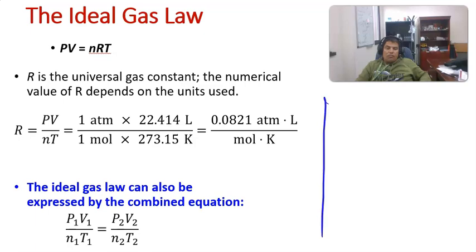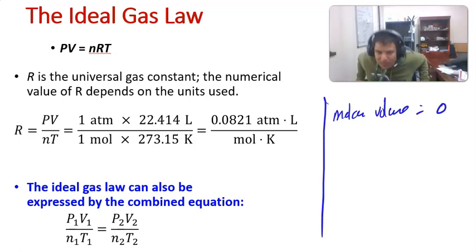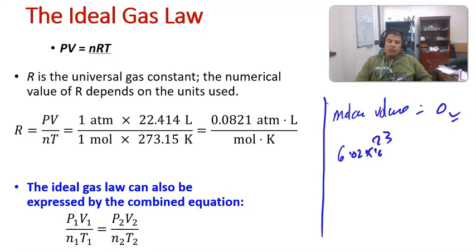The molar volume is about zero, meaning 1 mole has a volume about zero, because these ideal gas particles are point particles. That's why 1 molecule of that ideal gas has a volume of about zero, but for 6.02 times 10 to the power 23 molecules, that means 1 mole is equal to 22.4 liter.